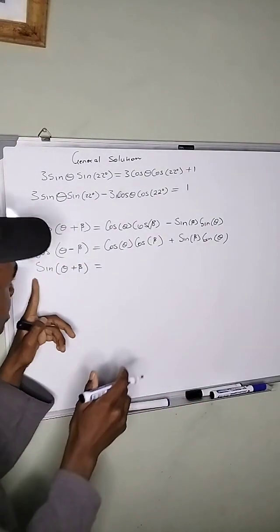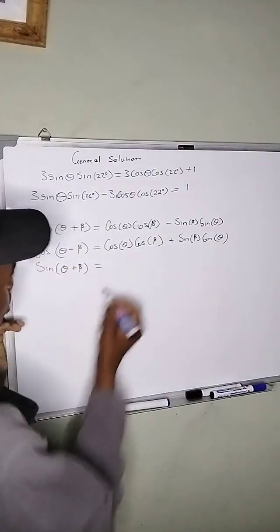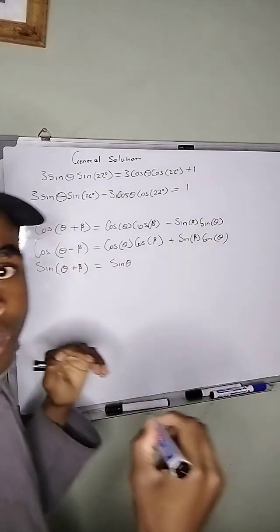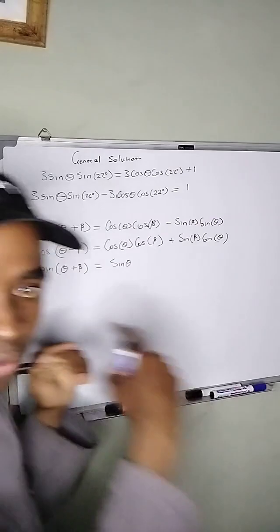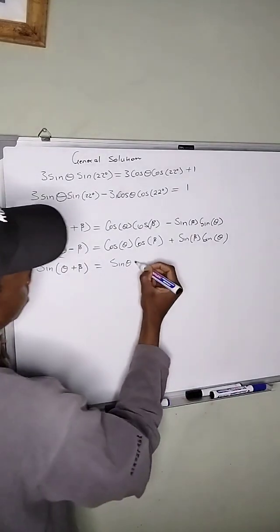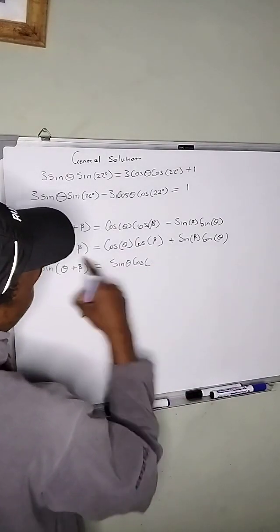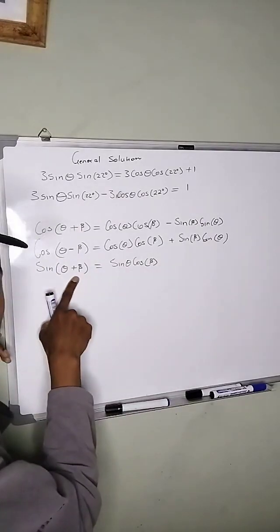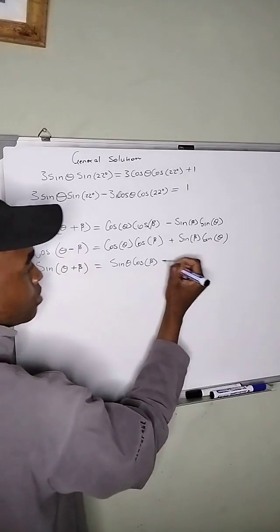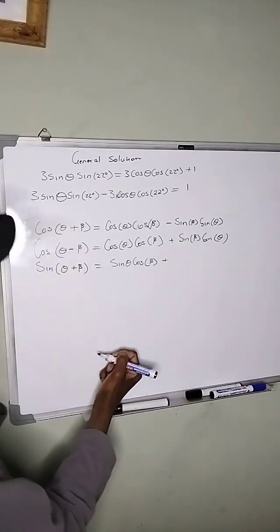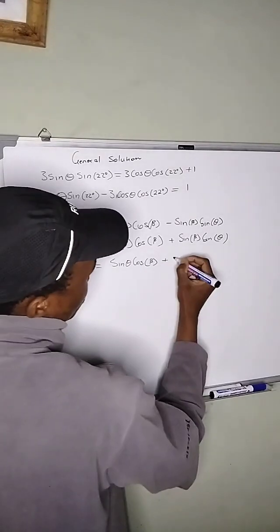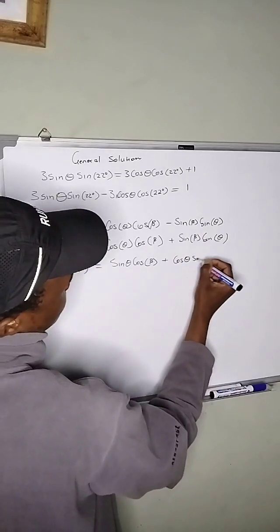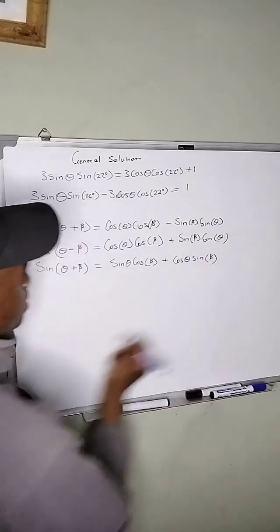So for sine theta, it's going to be sine theta. That's why I'm saying sine, cos, for theta. So this is going to be cos beta. And if here it's positive for sine, that side is going to be positive, right? So we are going to have cos theta sine beta.